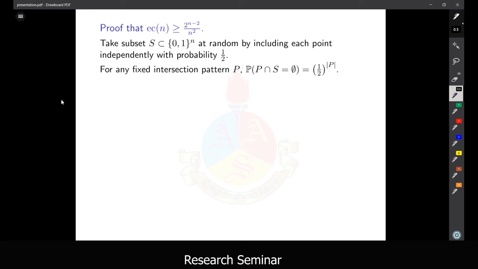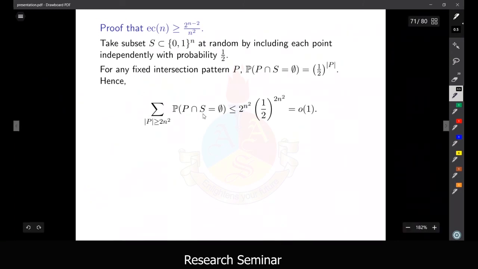If we consider some intersection pattern P and ask what is the probability that it is disjoint from our set S, then it is just equal to 1/2 to the power of the size of P. So if we consider the probability that our set S is disjoint from all the intersection patterns of size at least twice n squared, then we can bound this probability by this sum, and this sum has at most 2 to the n squared summands, and each of those summands is not greater than 1/2 to the power of 2n squared.